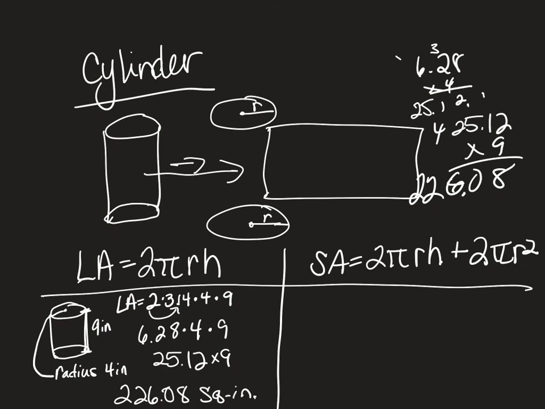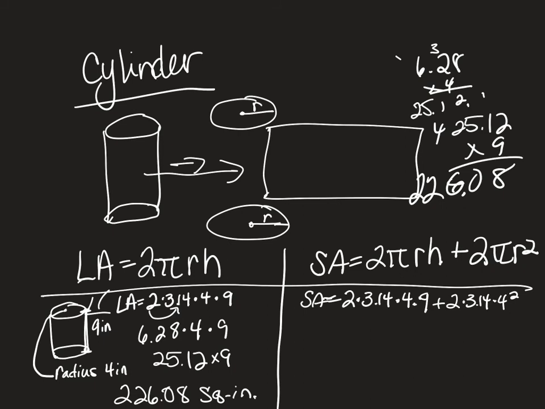Let's find the surface area of a cylinder. We're going to use the same measurements that we have here. Our surface area formula: 2 times pi, 3.14, times radius, 4, times height, 9, plus 2 times pi again, times radius squared. It's a lot of multiplying, but you can do it.